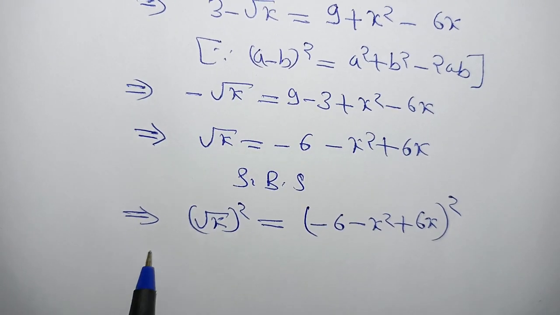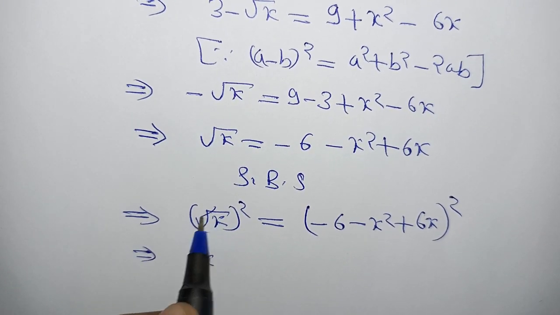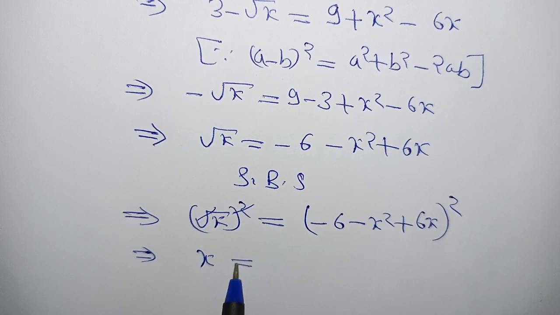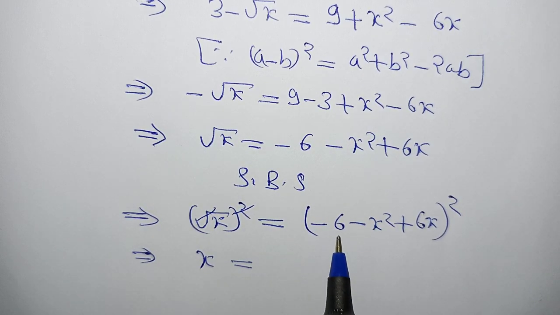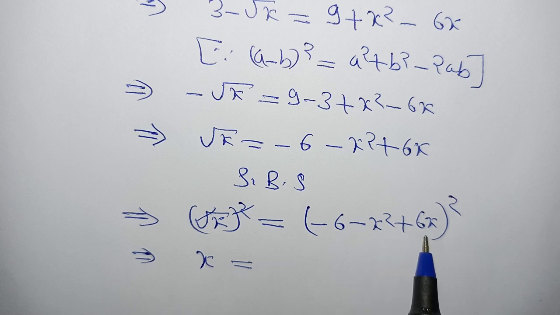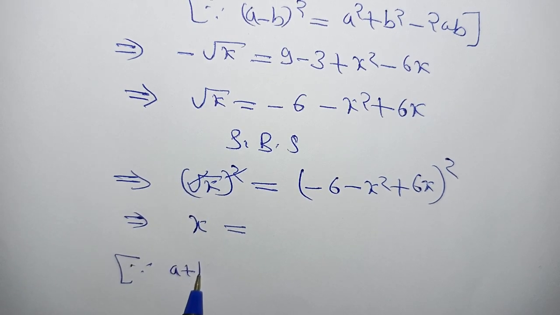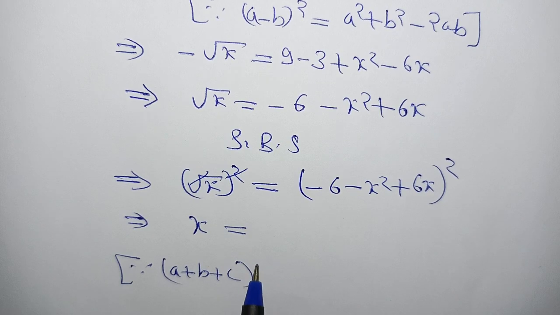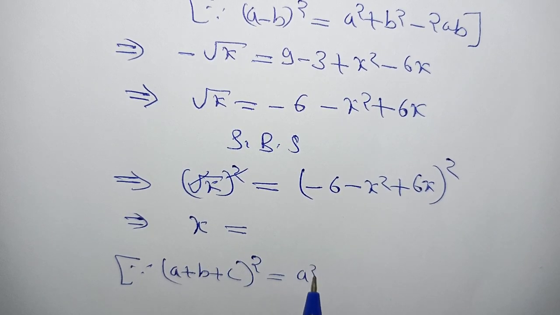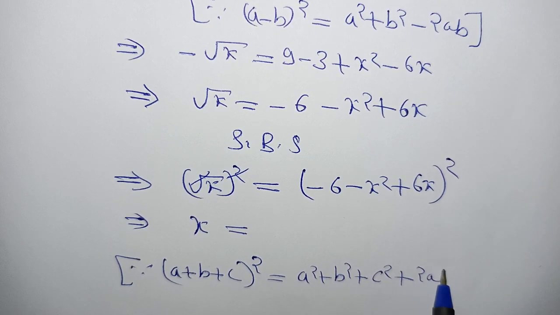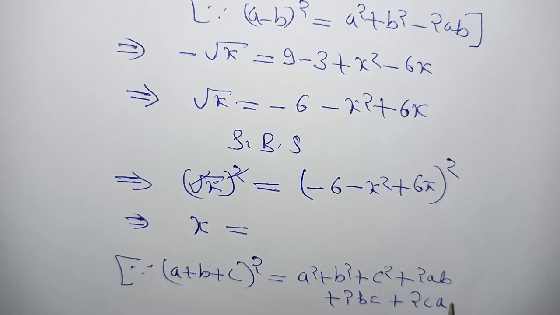So this will become x by cancelling out, and now here we have minus 6 minus x square plus 6x whole square. By applying the formula a plus b plus c whole square is equal to a square plus b square plus c square plus 2ab plus 2bc and plus 2ca.